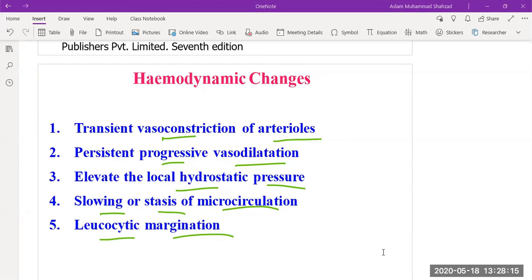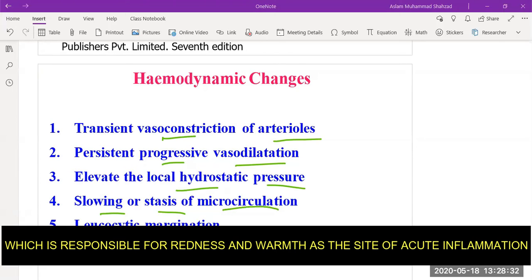Then the next stage, when we talk about persistent progressive vasodilation, involves mainly the arterioles, and we have to discuss that vasodilation results in an increase of the blood volume in the microvascular bed area, which is responsible for redness and warmth at the site of acute inflammation. So why redness?